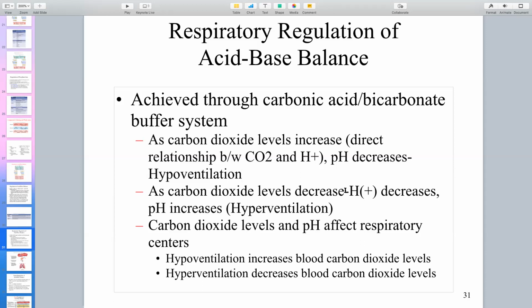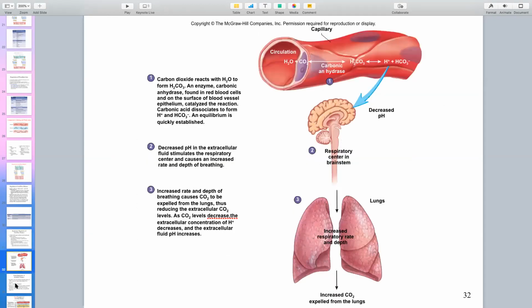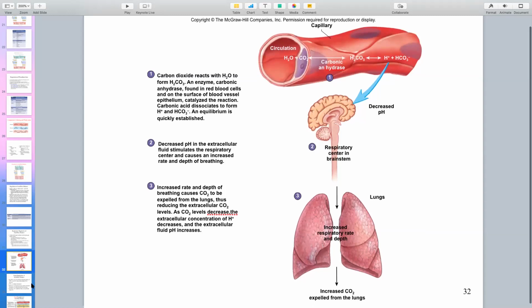Since hydrogen and carbon dioxide are directly related, the decrease in carbon dioxide leads to a drop in hydrogen, which leads to a pH increase. Now we're going to see that there are causes where ventilation is a problem, and we'll talk about that in just a second.